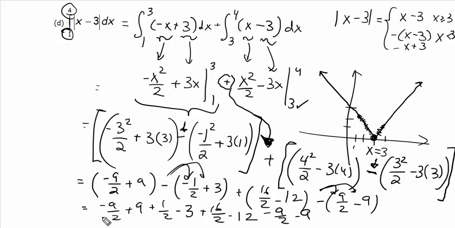So, well, what is that going to be? 9 minus 9 cancels. And then negative 9, negative 18 over 2, plus 16 over 2, that's, what is that? Negative 1.